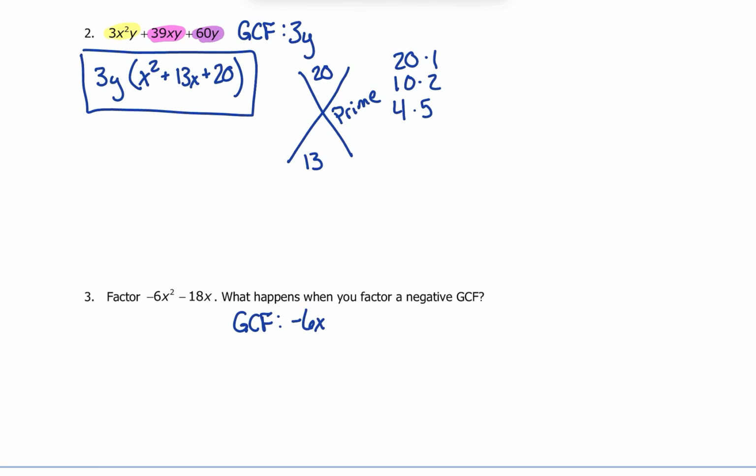So our GCF is negative 6x. When we factor that out, we get negative 6x, and then inside our parentheses, negative 6x squared divided by negative 6x gives us just x. And then negative 18x divided by negative 6x gives us a plus 3. And that's as far as we can go with that one as well.